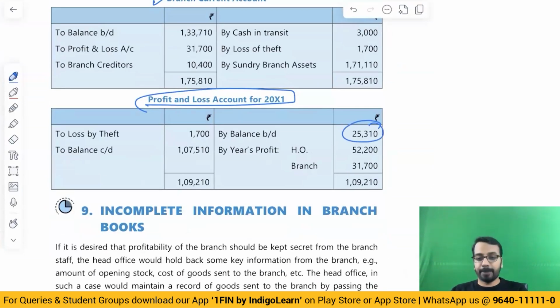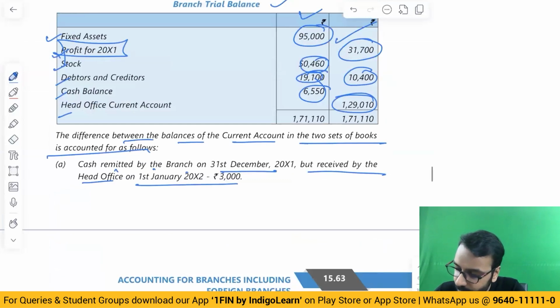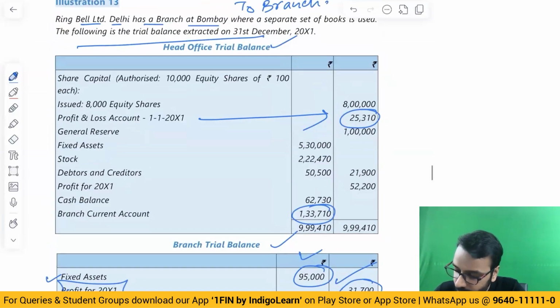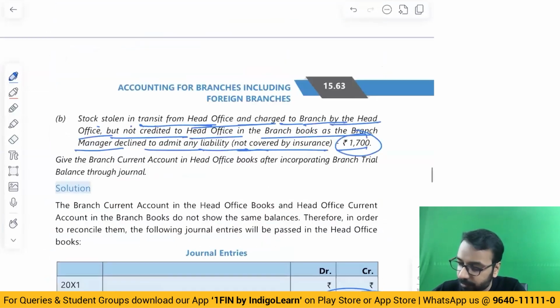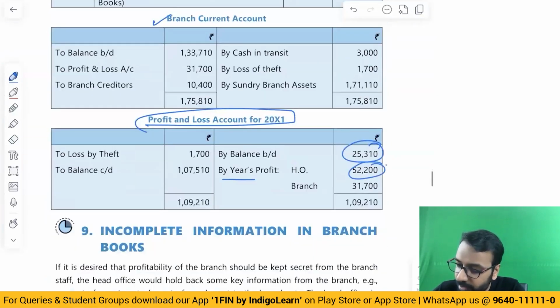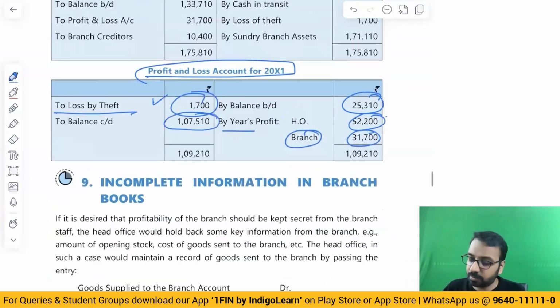Then current year profit 52,200. Branch profit 31,700, which has been transferred. Then there is a loss by theft which the branch had not agreed to bear, so we credited the branch account and we have borne that loss, 1,700. Balance carried down 107,150.